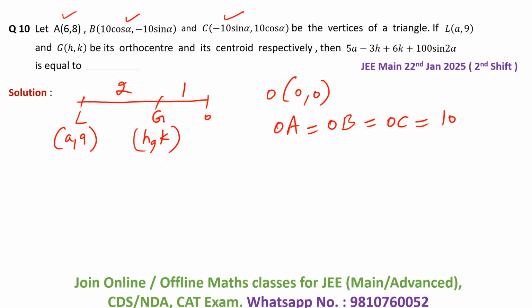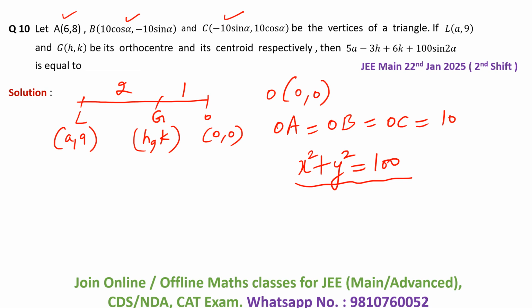That means all these 3 points will be located on the circle whose equation is given by x square plus y square equal to 100. Now, O is (0, 0). Just apply the section formula. What do you get?